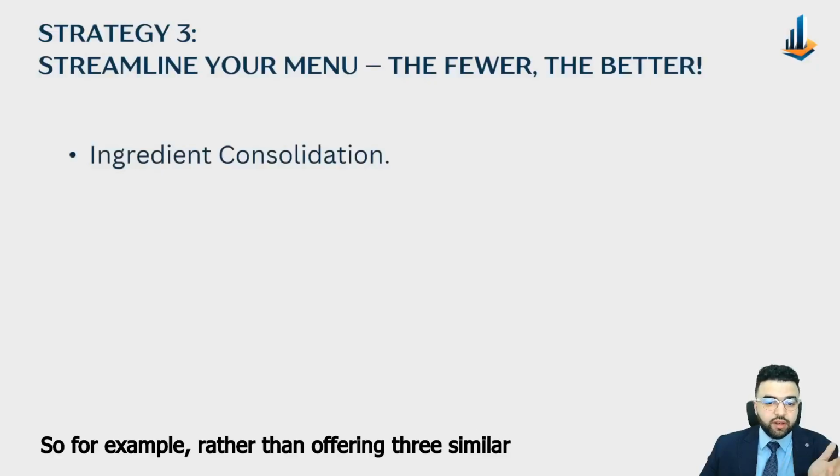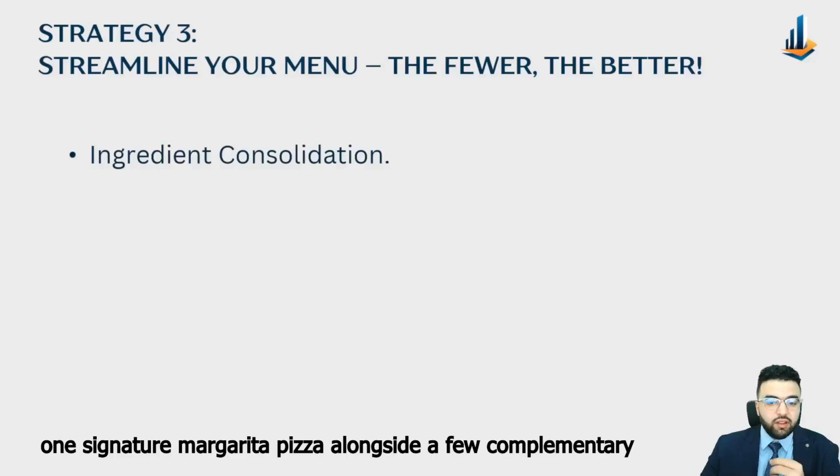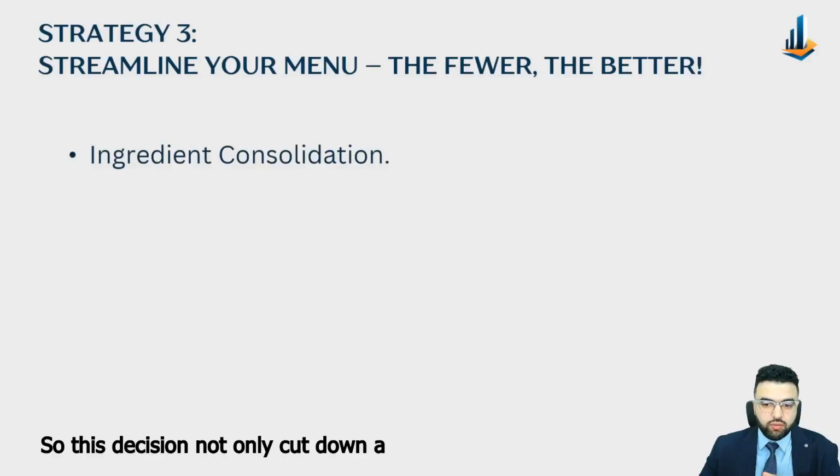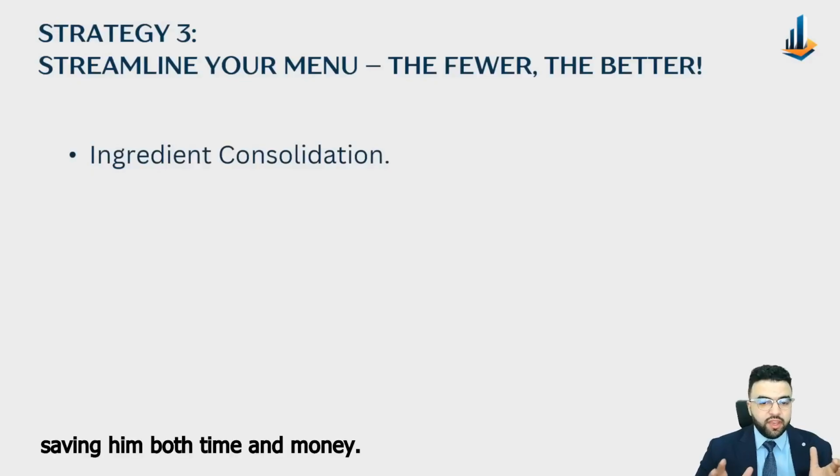For example, rather than offering three similar pizzas, Tony opted to highlight one signature margherita pizza alongside a few complementary options. This decision not only cut down waste, but also allowed for better bulk purchasing, saving him both time and money.